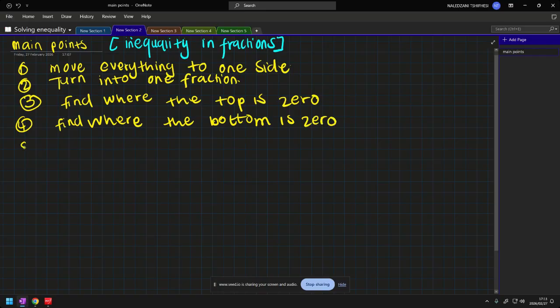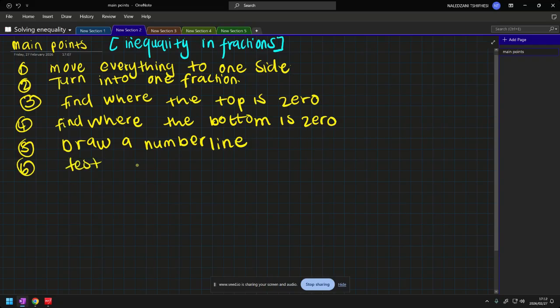And then number five, we're gonna have to draw a number line, right? And then number six, we're gonna have to test the interval.